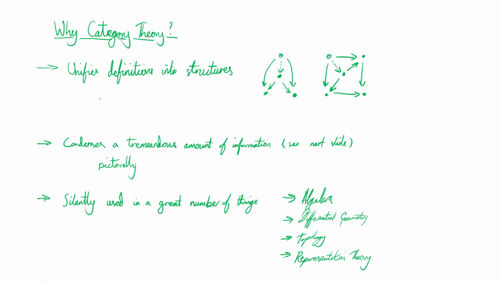However, I said it unifies these definitions. This definition is a product. So within the category whose dots represent sets and whose arrows represent functions, this represents the Cartesian product.